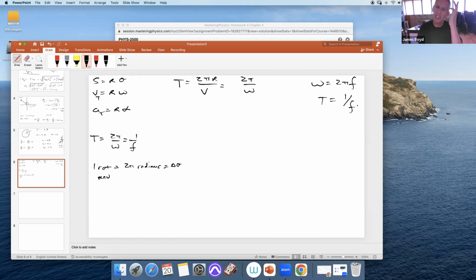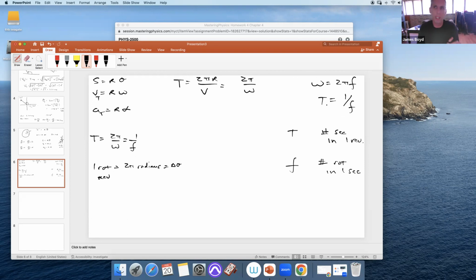Now, how you relate frequency and period is that the period is the number of seconds in one revolution or one complete rotation. The frequency is the number of rotations in 1 second. They're inverses of each other.